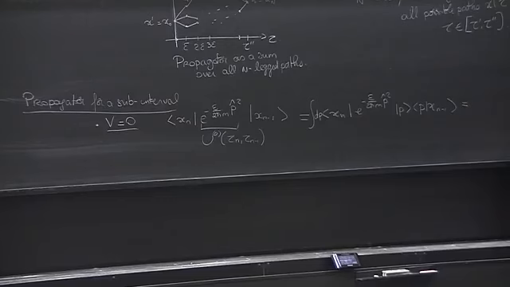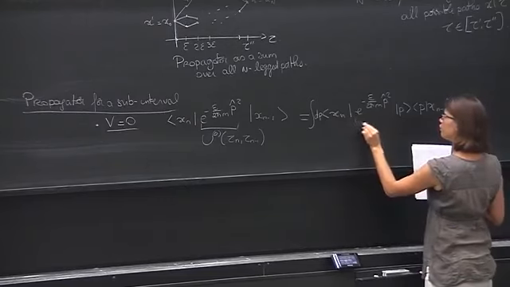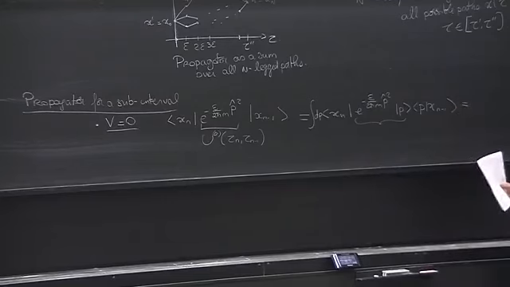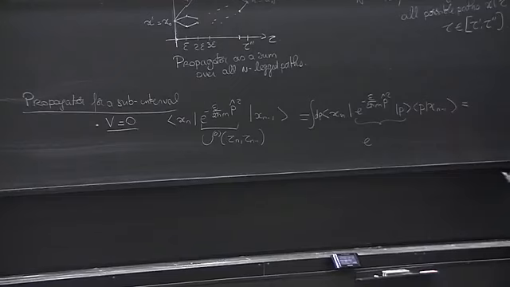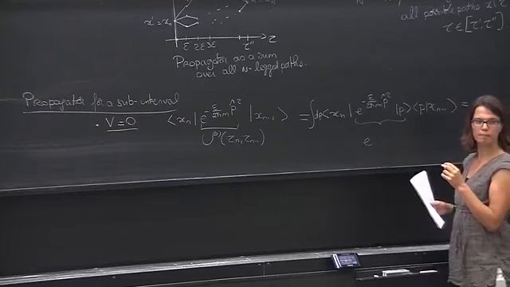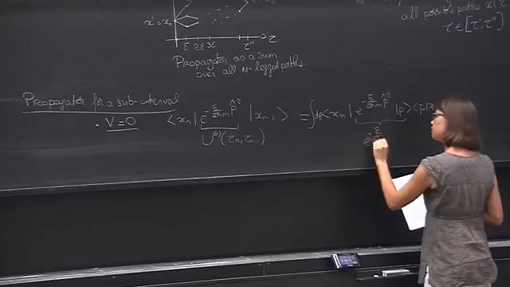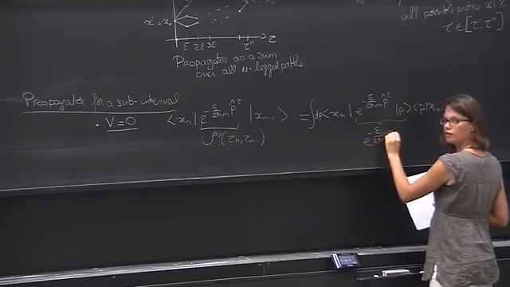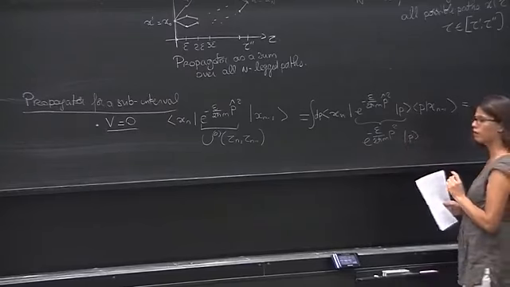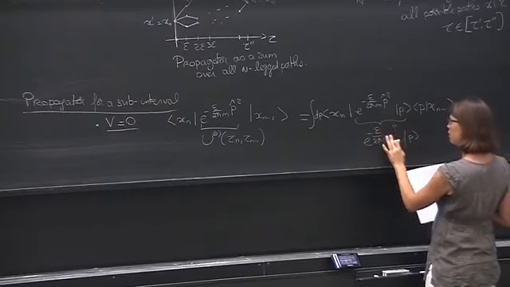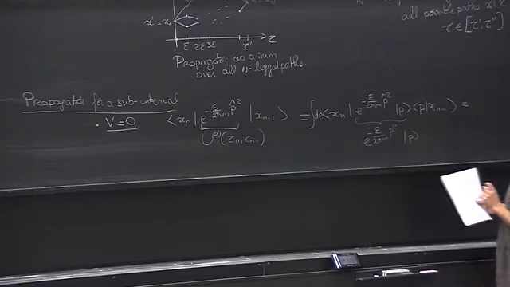Okay, so what do I get here? First, what do I get from this term? E to the minus c epsilon, whatever, times p squared, where now there is no hat anymore, meaning it's the eigenvalue of P, okay?